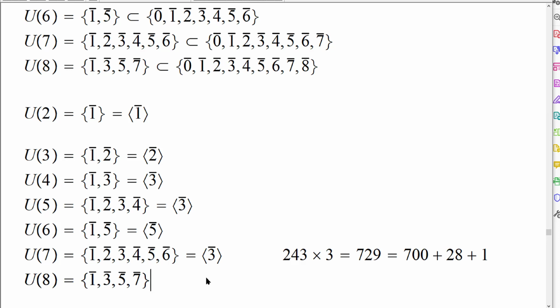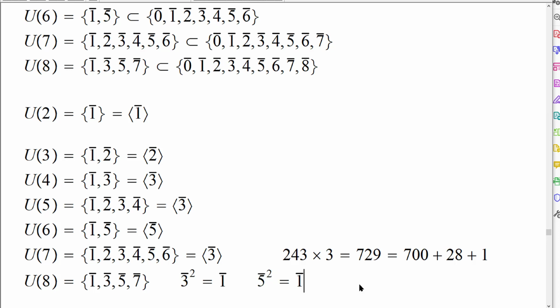Okay, and the point of boring you so much was this: in U_8, if we go modulo 8, 3 squared is going to be 1, because 9 modulo 8 is 1. The same thing happens with 5 squared, because 25 modulo 8 is also 1.